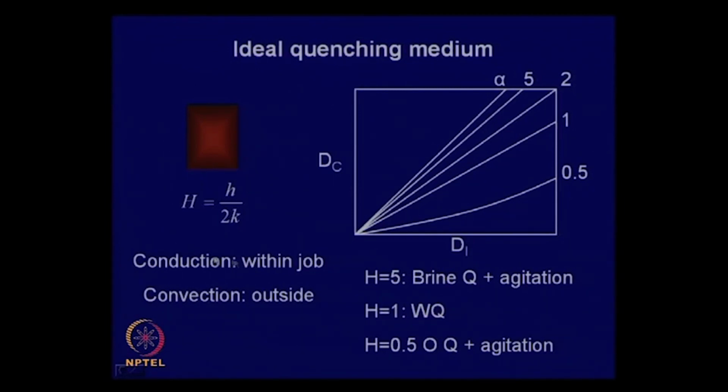Nevertheless, in many cases one does define such cases, an hypothetical quenching medium where H is infinite. And I will leave it to you to examine the dimension of this H, and you will find this dimension comes out to be 1 over length.